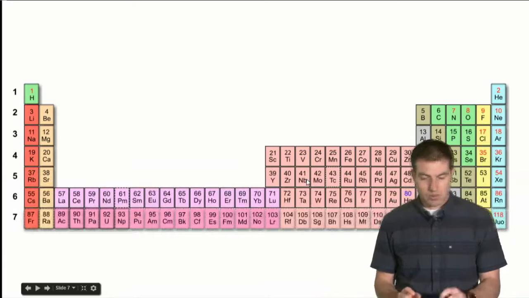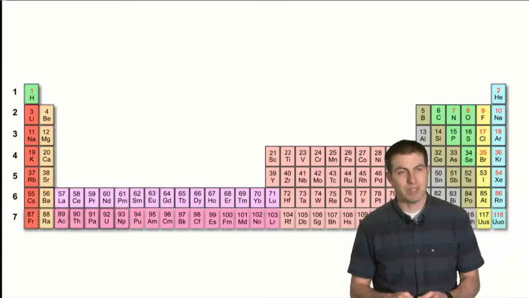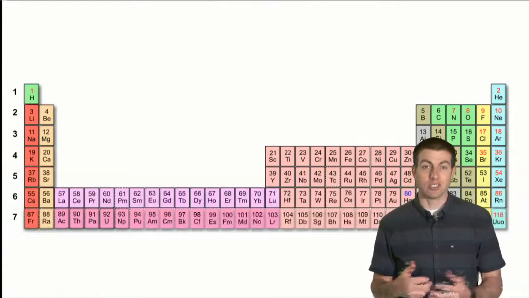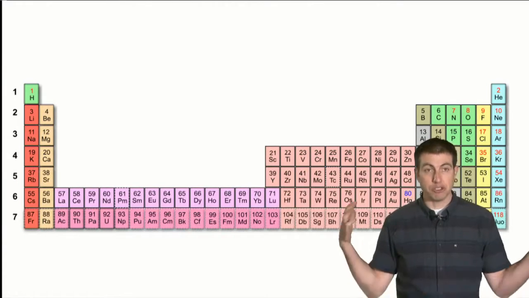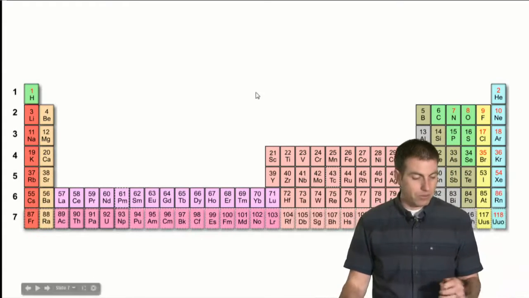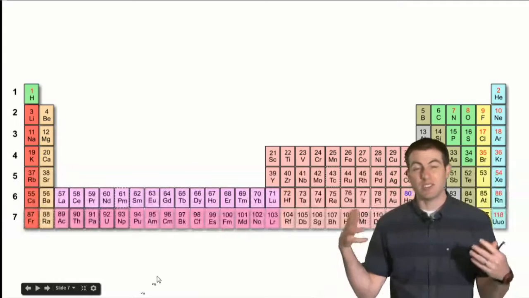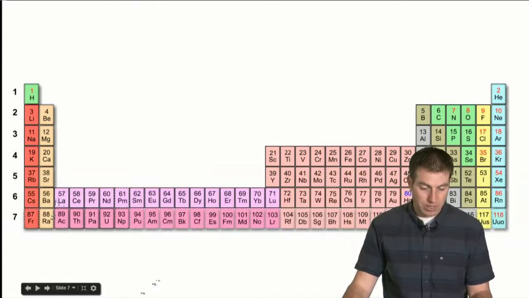Now, it's probably not likely that you've ever seen a periodic table like this one, but this is what a periodic table actually looks like. If you were to have a really giant piece of paper, this is what your periodic table would look like. So for the purposes of saving space, what scientists have done is they've taken the elements, starting here, 57 and 89, this little chunk, these pink ones in the middle, they've taken these out.